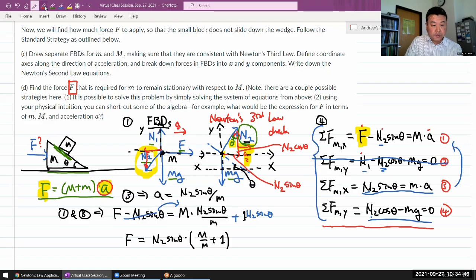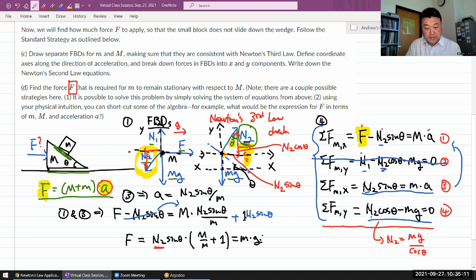Now we have this N2 that we can eliminate using equation 4. So from equation 4, I have N2 is equal to small m g over cosine theta. So plugging that into here, what I get is small m times g sine theta over cosine theta.